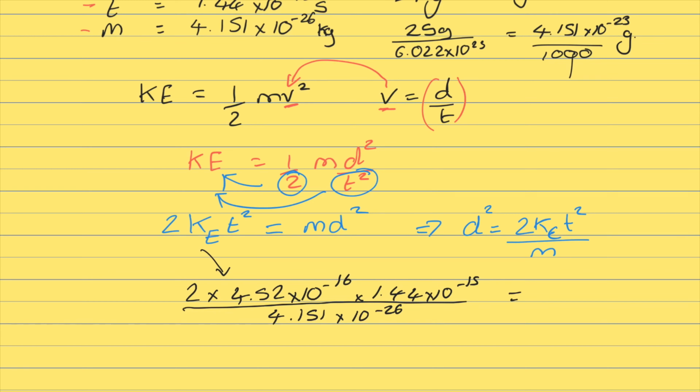That all equals d squared, so if I square root that, that will give me d. If you put that into your calculator, you should get an answer of 2.13 meters.